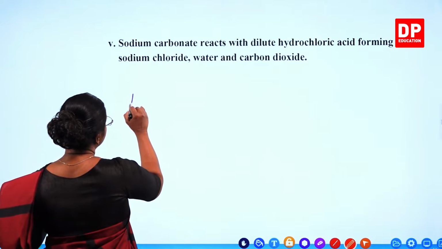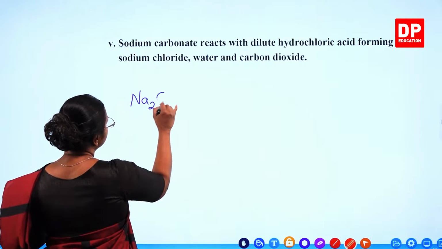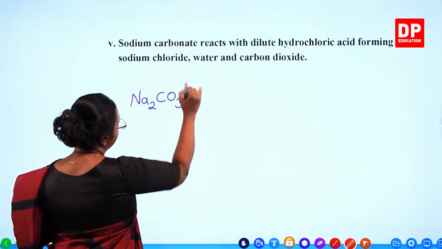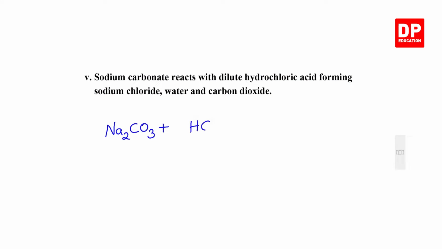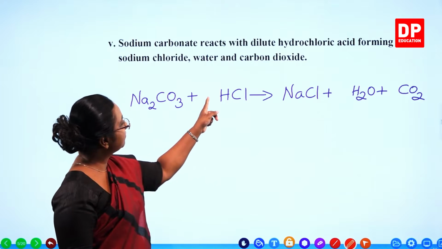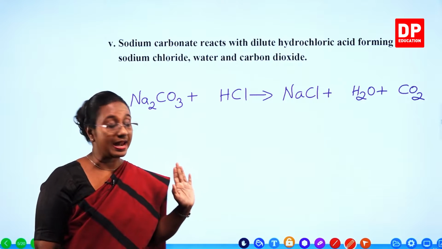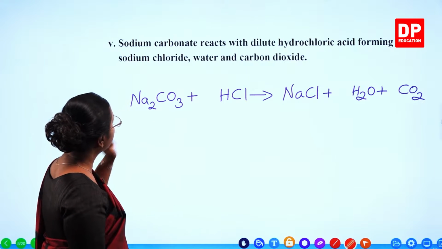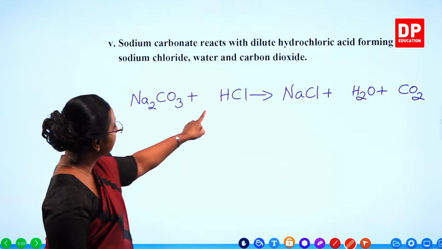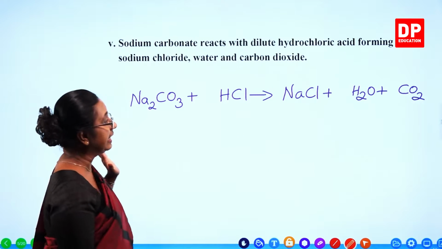So we have sodium carbonate, Na2CO3, plus dilute hydrochloric acid, HCl, giving rise to sodium chloride, NaCl, plus water and carbon dioxide. When we write, always leave space in front of each component, then it is easy to balance it. So sodium carbonate, Na2CO3, and here we have HCl, it has not been balanced.